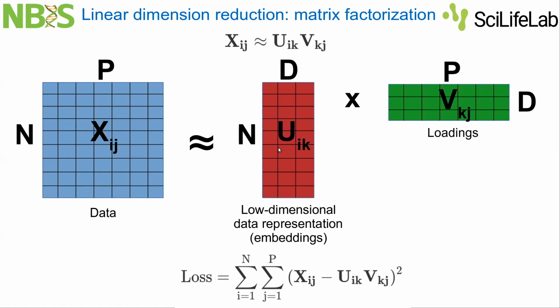This red matrix, the U matrix, is what is called the embedding or low-dimensional data representation. So that's actually how you replace your original data. You replace it with this red matrix, and you say that from now on I'm working with this red matrix because that's my new data representation that I'm going to use for downstream analysis, and it has much lower dimensionality than my original matrix.